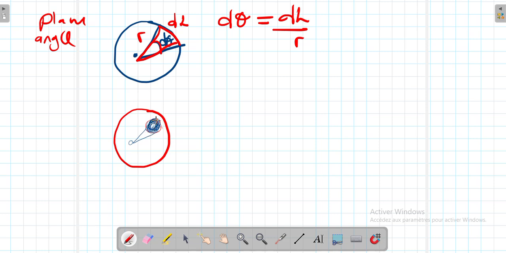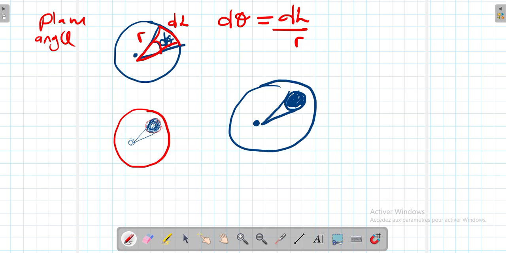Imagine this is a cone, and this is the center. Then this is an elementary surface that has been subtended by the angle, a portion, a slice of the sphere. We call this ds, the elementary surface subtended by omega, where omega is the solid angle.